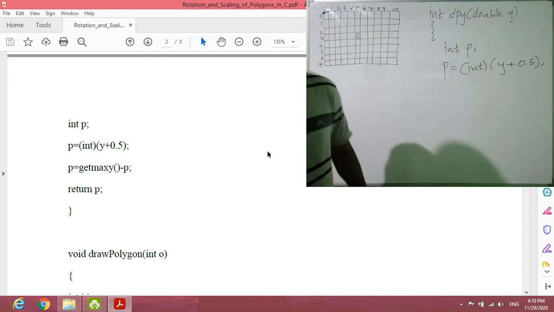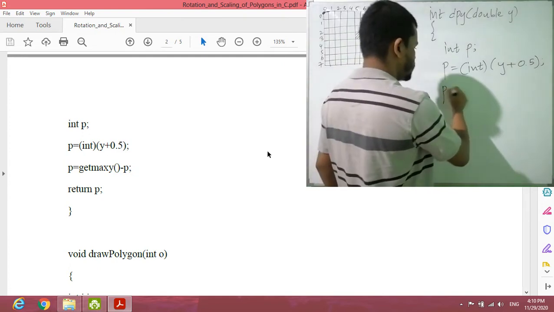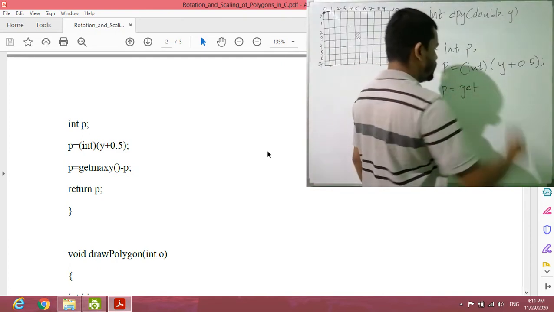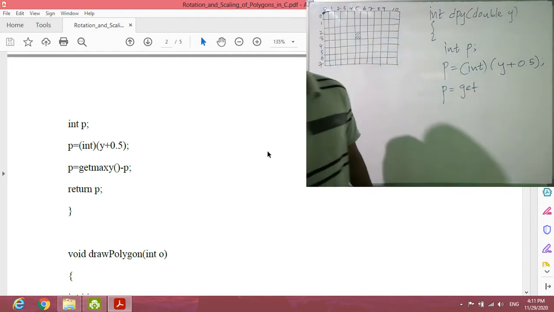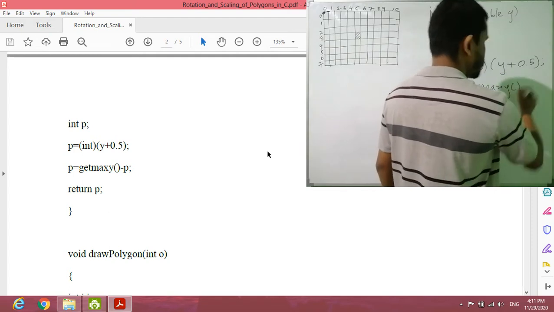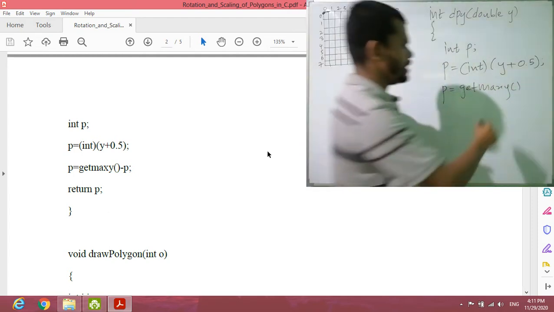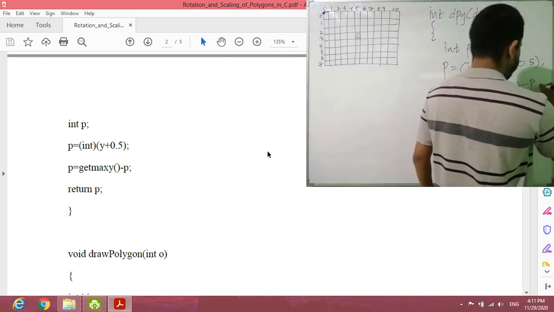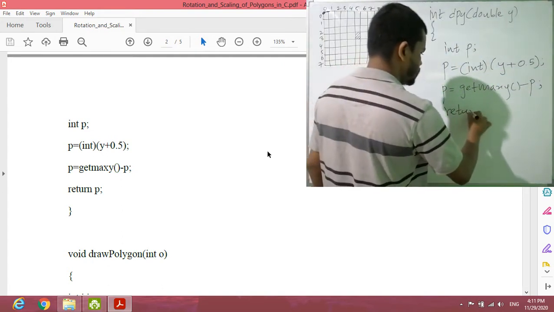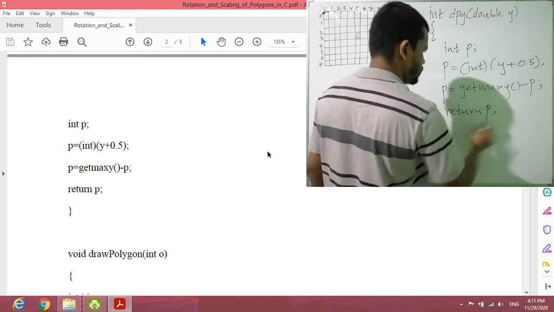In addition to that, we do something extra. Here we call an inbuilt graphics function, getmaxy, and from that we subtract p, and then we return the value of p.